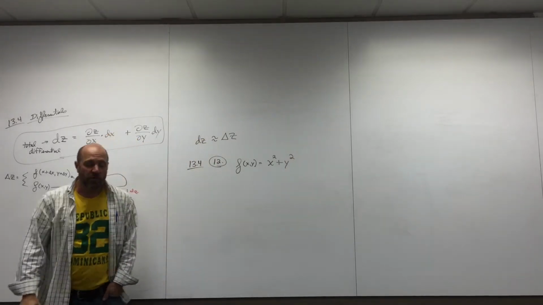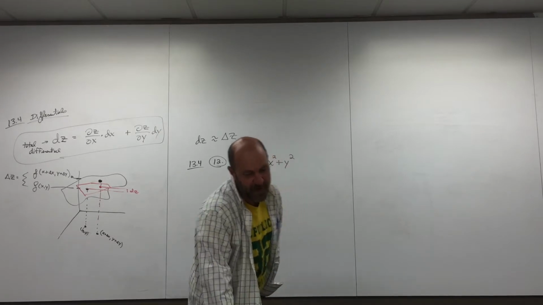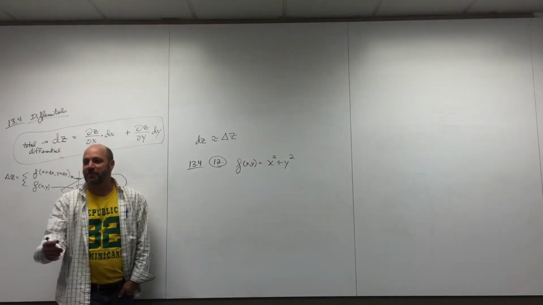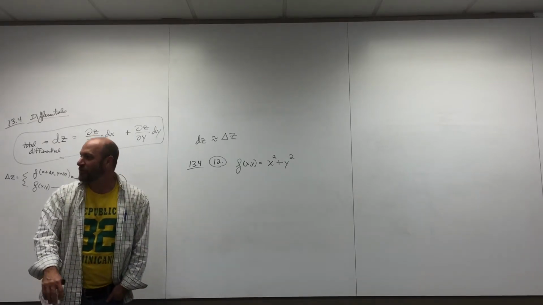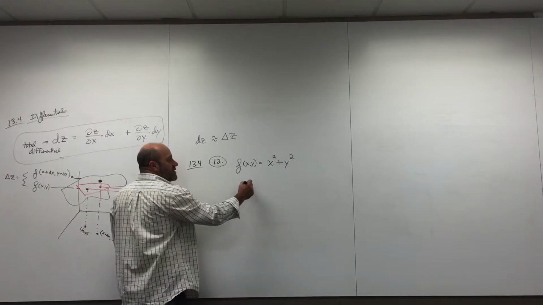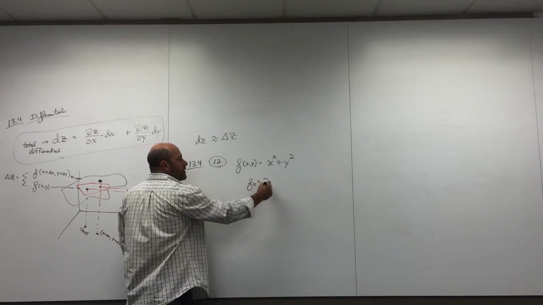Hey, you guys, without even reading the problem, I don't know, you might not think this is great advice, but I'm in chapter 13. I'm learning about partial derivatives. Let me do some partial derivatives. I bet I need them. What is the partial derivative with respect to x, please? 2x. Good job.